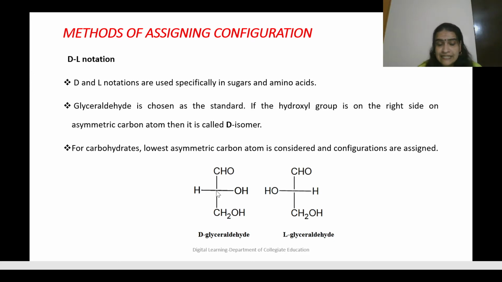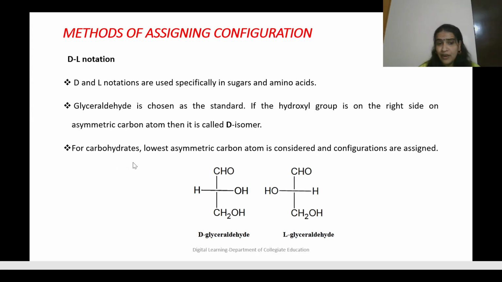So just see the central carbon atom, which is the chiral carbon atom, and on one side of the chiral carbon atom we have the hydrogen atom and on the other side we have OH. So if the position of the hydroxyl group is on the right side of the viewer, then we call it D-glyceraldehyde. Or in the other way, if the hydroxyl group is on the left side of the viewer, we call it L-glyceraldehyde.